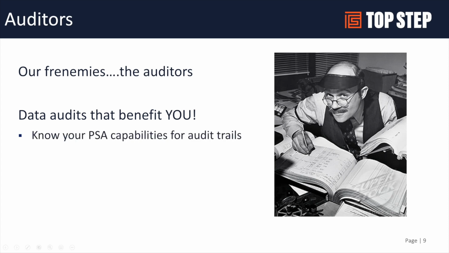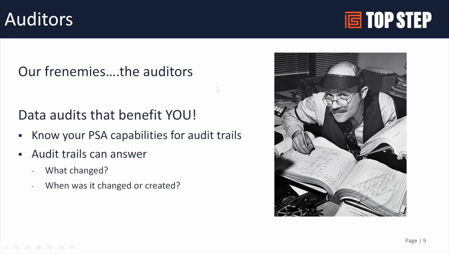Also, know your OpenAir capabilities for audit trails. I'm sure we're all familiar with the audit trails that you can include in reports, and being able to see what in the system was changed, who changed it, and when it was changed. So the audit trails can give us all of that good information about what was changed.